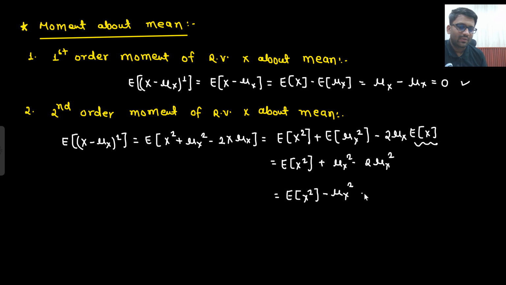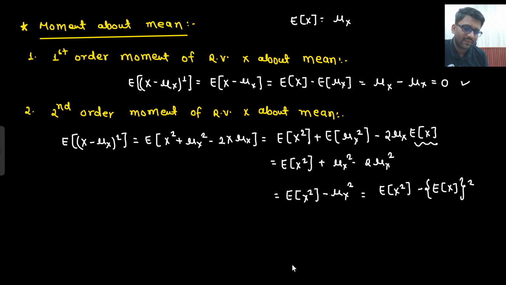And you can write it down in what manner? Expectation of x square. What is mu x? Basically, expectation of x is mu x, nothing else. So I can write it down, sorry, expectation of x square minus expectation of x whole square.